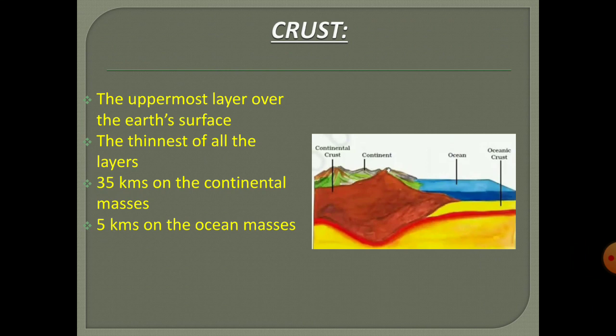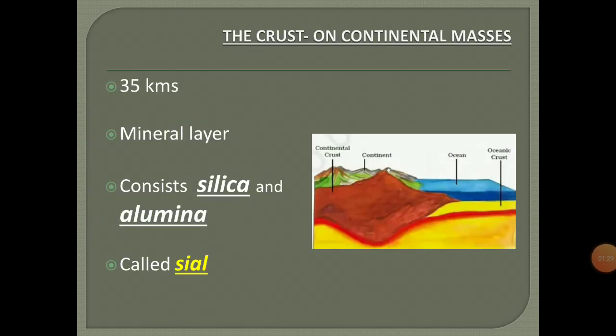If you look at the crust, on the continental masses it is 35 kilometers, and on ocean masses it's only 5 kilometers. The crust on continental masses is a mineral layer.